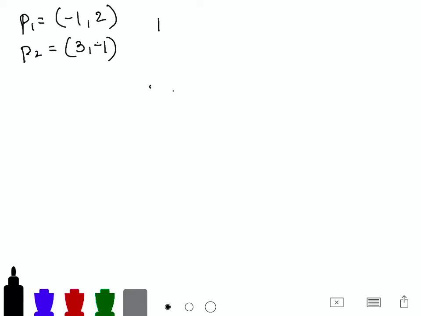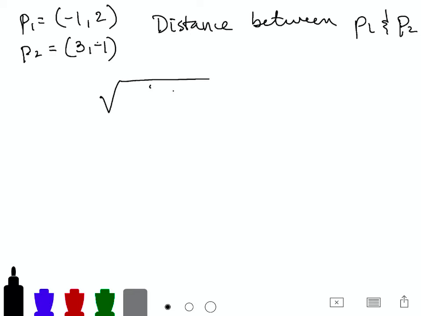So then what is the distance between P1 and P2? It is equal to the square root of x1 minus x2, negative 1 minus 3 squared, plus 2 minus negative 1, so 2 plus 1, squared.